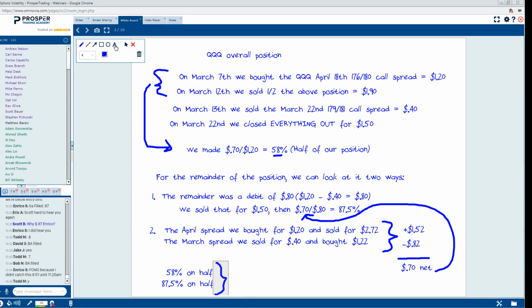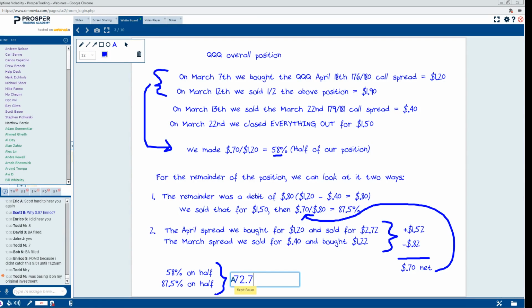I know it's a little convoluted, a little long-winded to get there, but I just wanted to work through that. Does that make sense for everyone?